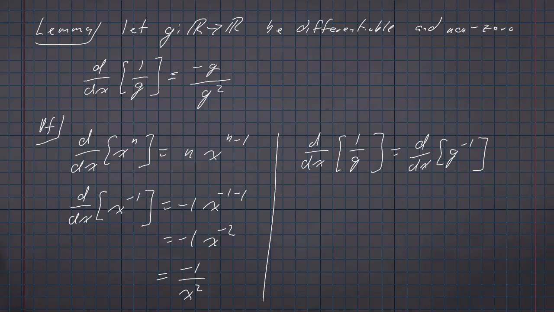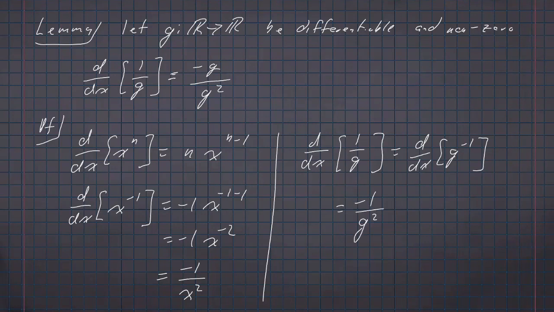And now I can use the chain rule. Remember, the chain rule says that if you want to take the derivative of a function, you take the derivative, evaluate it at that point, and then multiply by the derivative of the inner function. So the derivative of x to the negative 1 is negative 1 over x squared.